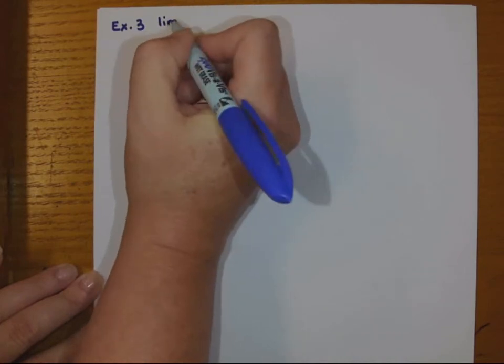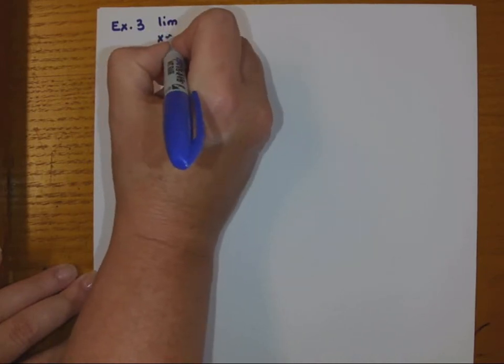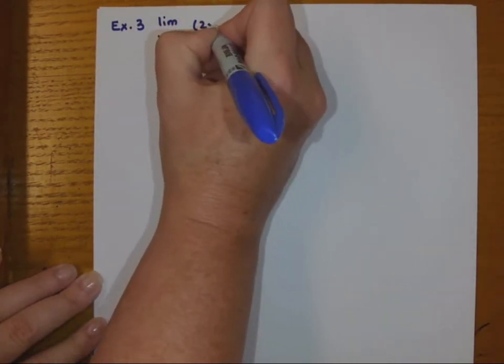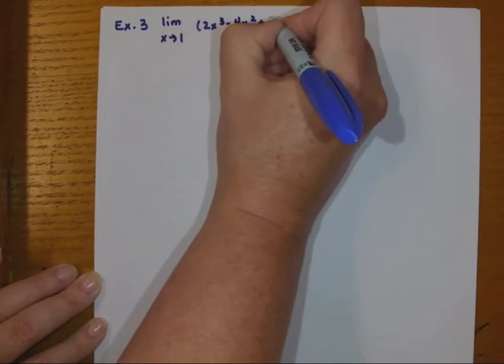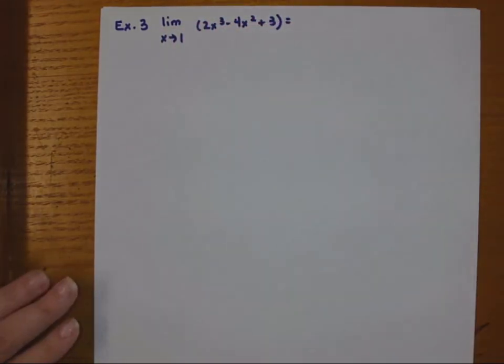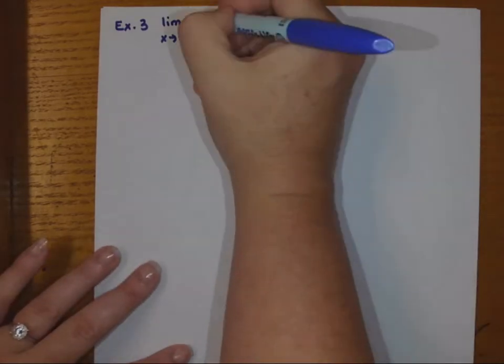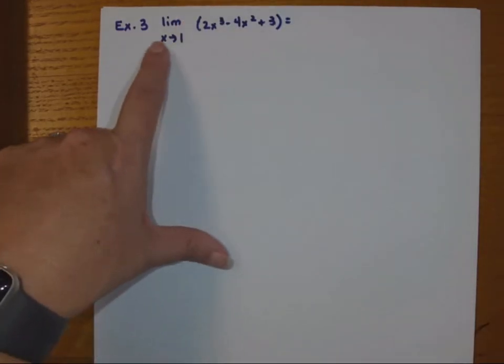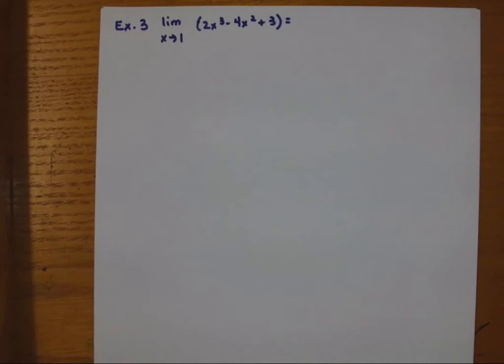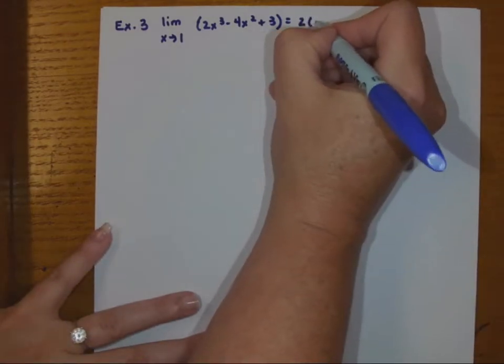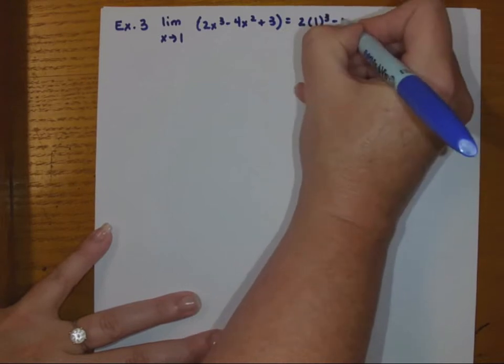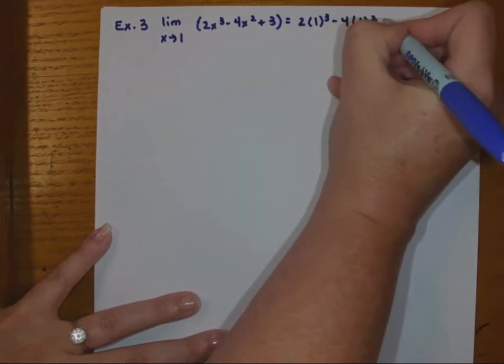So let's practice how to read these. The limit as x approaches 1 of 2x cubed minus 4x squared plus 3. Okay, so that's a polynomial function, and I'm being asked to find the y value because I'm being asked to find the limit when x gets close to 1. Well, for this one, we can just plug in 1, and by that I mean everywhere there's an x, we're going to replace that x with 1.